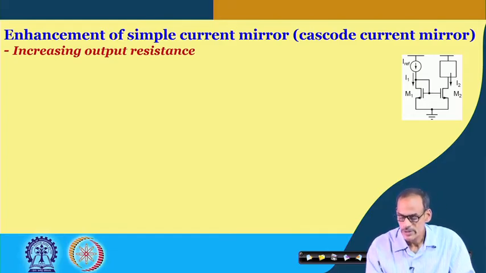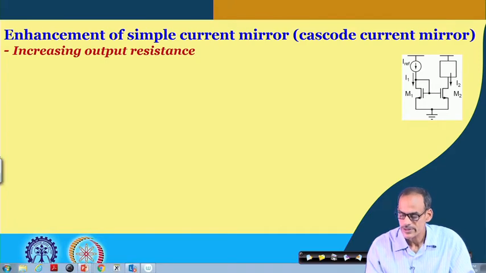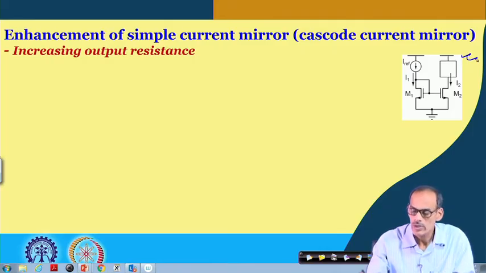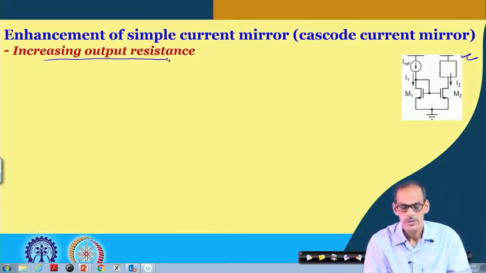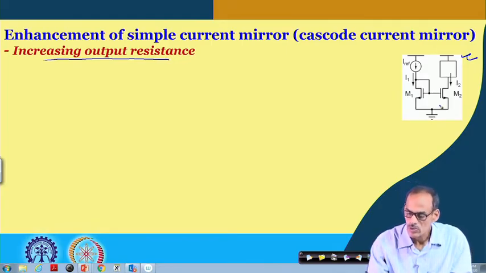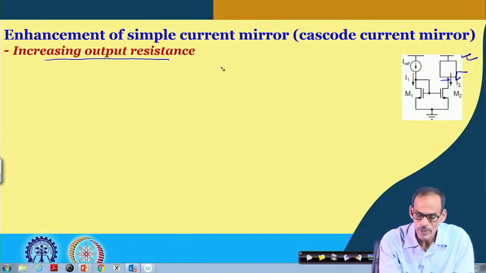So, if I consider a simple current mirror as it is given here, and we like to enhance the circuit performance, when I say enhance, we like to do it by increasing its output resistance. So, to increase the output resistance, what we can do is place one transistor at this point to get the modified circuit like this.